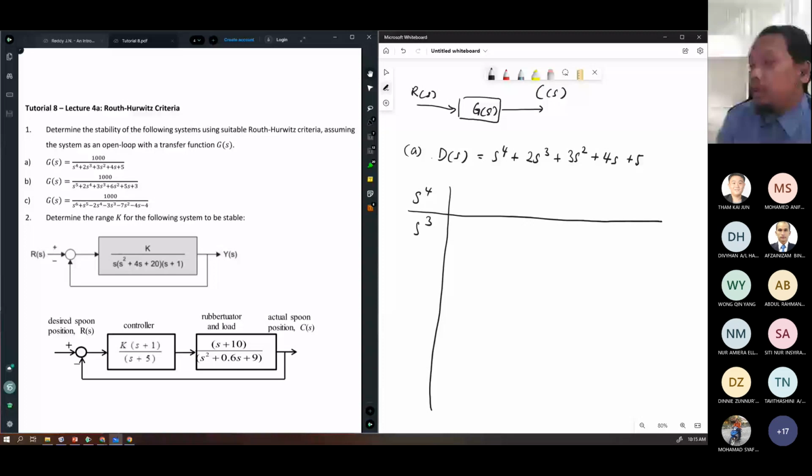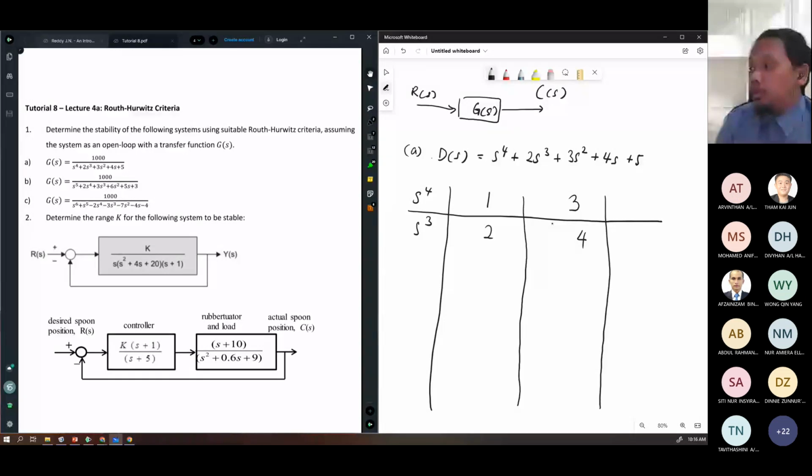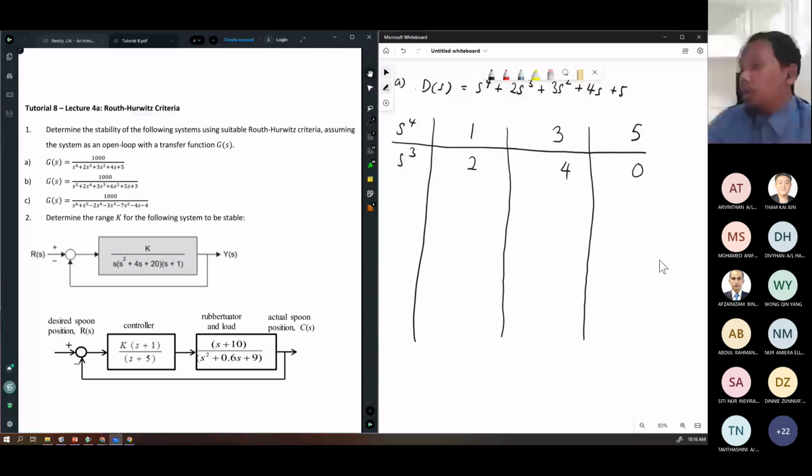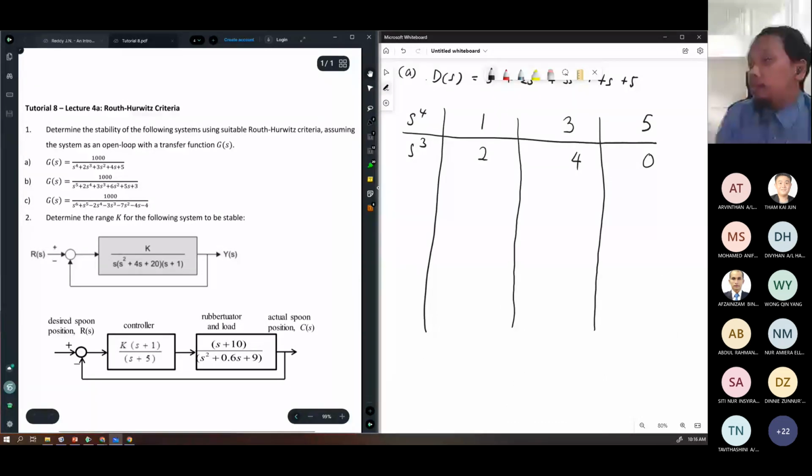And then we fill in the two top rows with the coefficients alternatingly. And then you can calculate row S2 using the determinant formula.